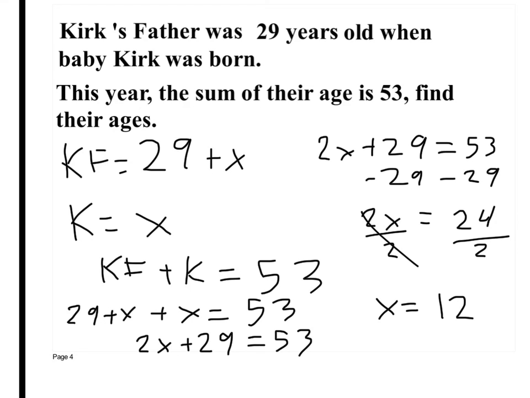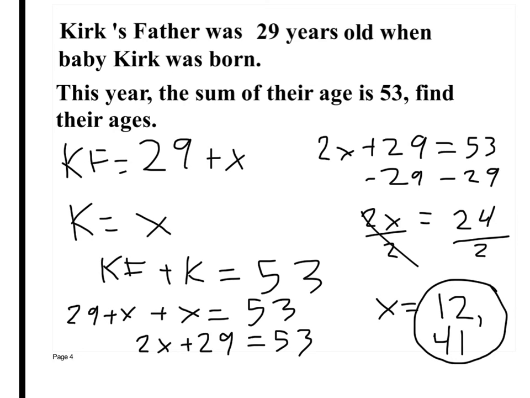Kirk. So how old is his father? Because it says find their ages, not just Kirk's age. 41. He is 41. You have to do 29 plus 12, which is 41. Those are the two ages. You have to have both. I will count it wrong if you only get one, because it asks for both.